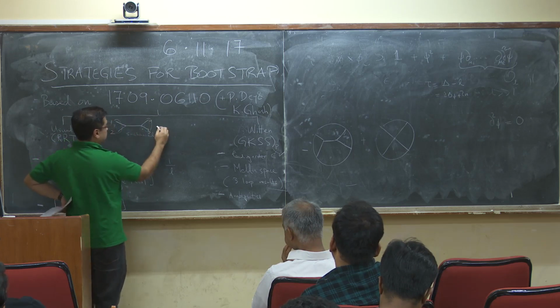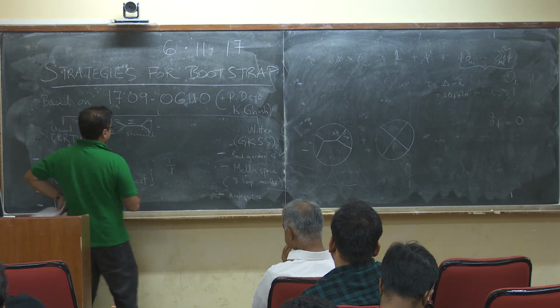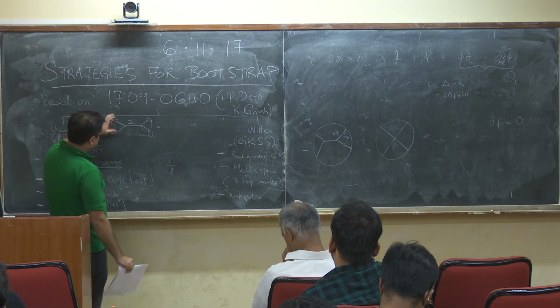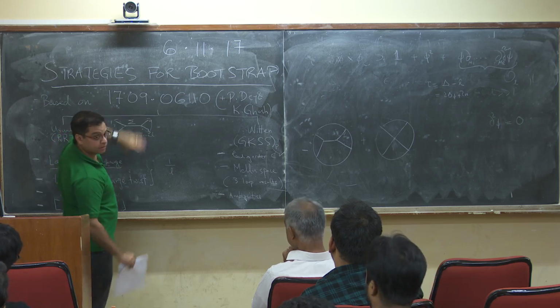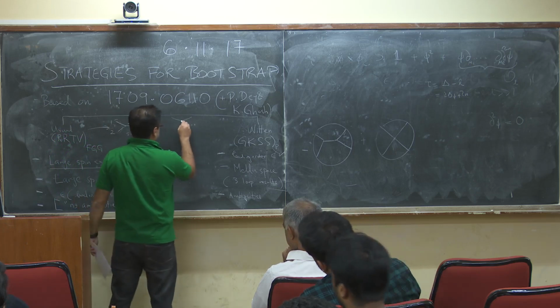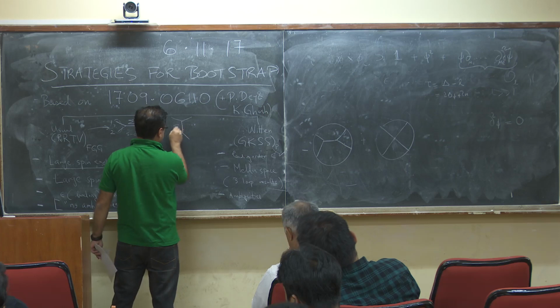But of course, if you're in Euclidean signature and if you're considering bosonic operators, it does not matter whether you're taking these 2 close together or these 2 close together. So the other way of doing things gives you what is called the T channel. Again, you have to sum over all the exchange operators.